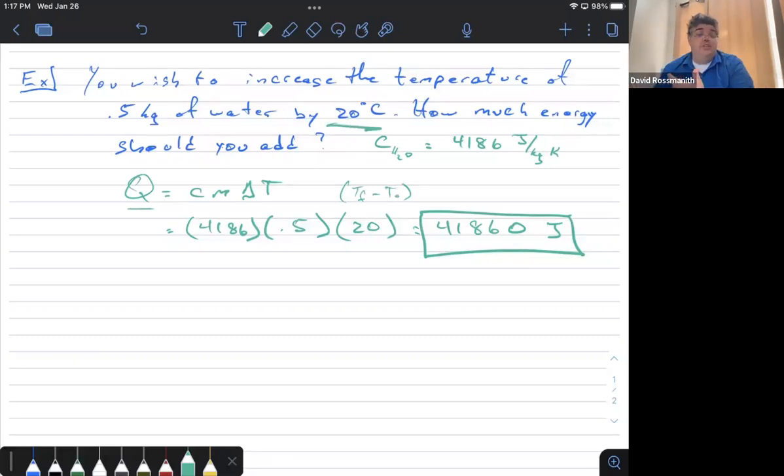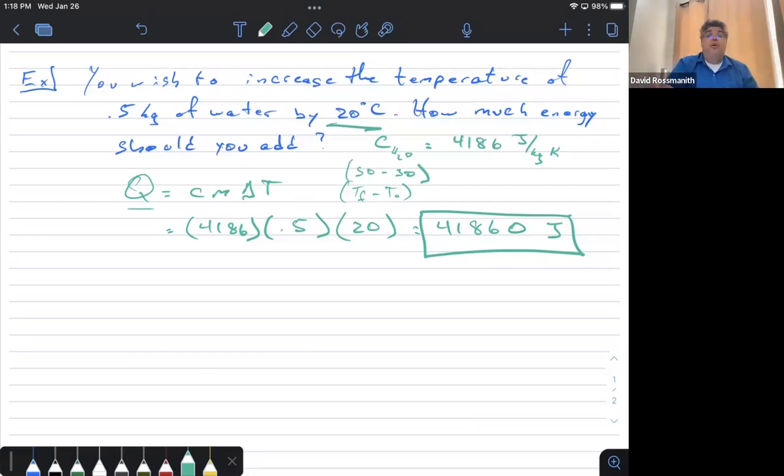Now, what I could have said was, I want to increase the temperature of the water from 30 degrees to 50 degrees. In that case, I would have said the final temperature is 50, the initial temperature is 30, and 50 minus 30 is 20. So that is a change of 20, but I didn't know the change in temperature ahead of time.